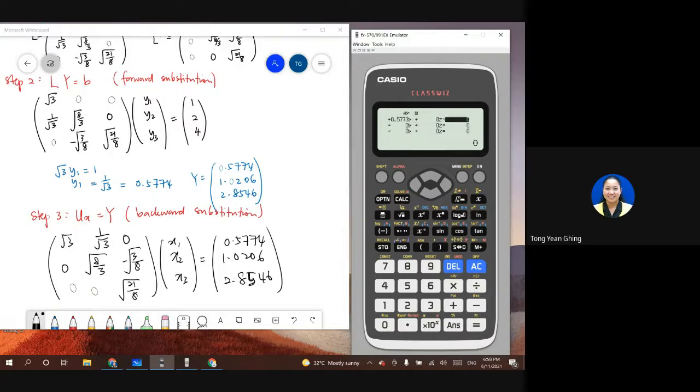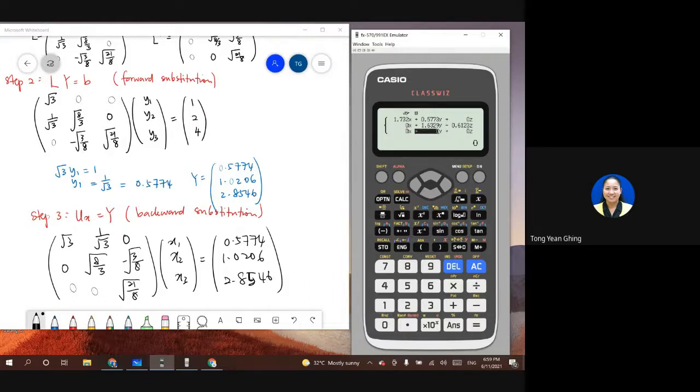Then 0, square root of 8 over 3, negative square root of 3 over 8, then 1.0206.